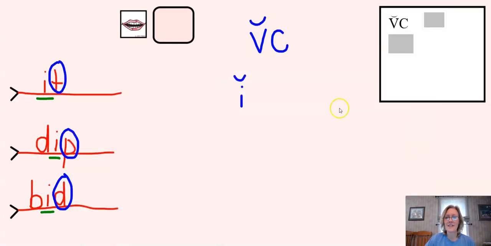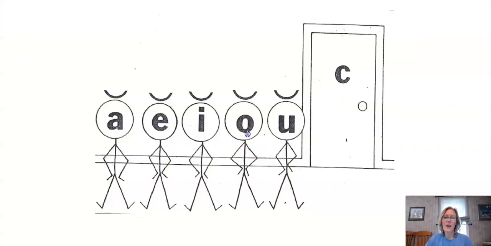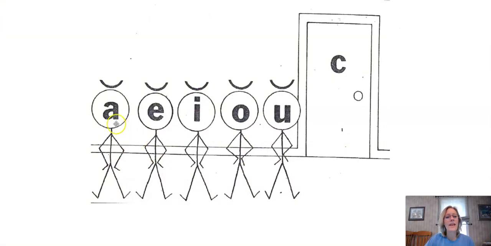Let me go back down here. All right, and I wanted to show you a little picture. Do you remember that we had a picture like this up in my classroom? It has some little short vowels here, and they each have a breve over them. And this closed door is to remind us that, and you see a C on here, and that stands for consonant. If we have a consonant after an A, E, I, O, or U in a word, or in a syllable, that syllable is going to be called a closed syllable.